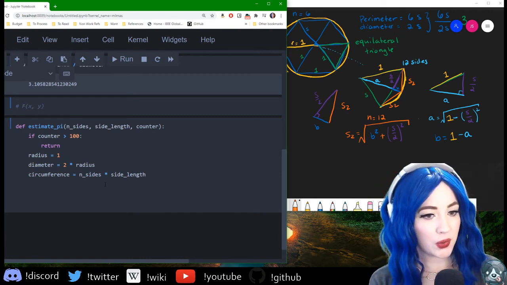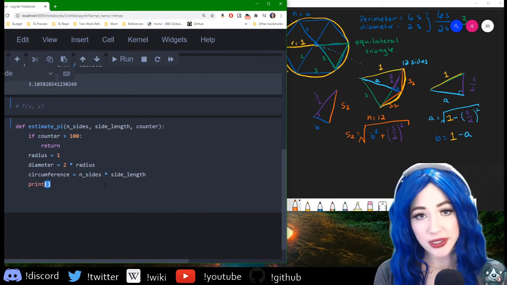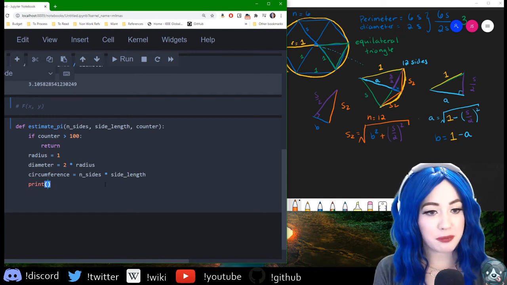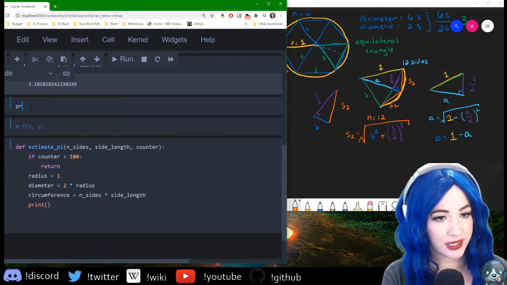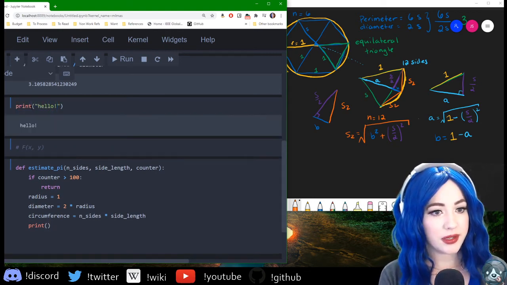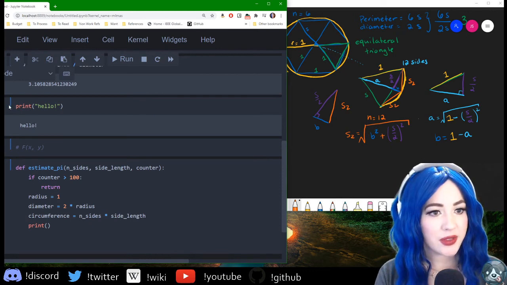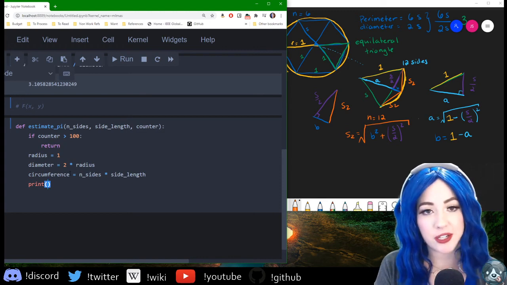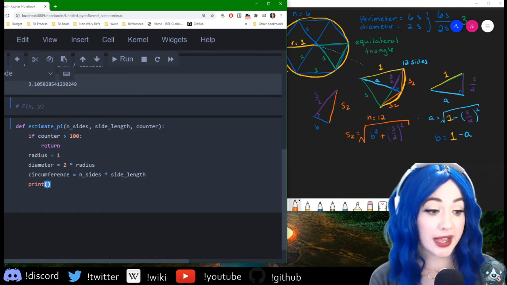And we're going to use a print statement in Python, just like printing something from your computer, it's just going to read it out. So if I were to say print hello, it would print hello. That's just a way for us, as we're making better and better estimations, to see how good our estimate is so far.